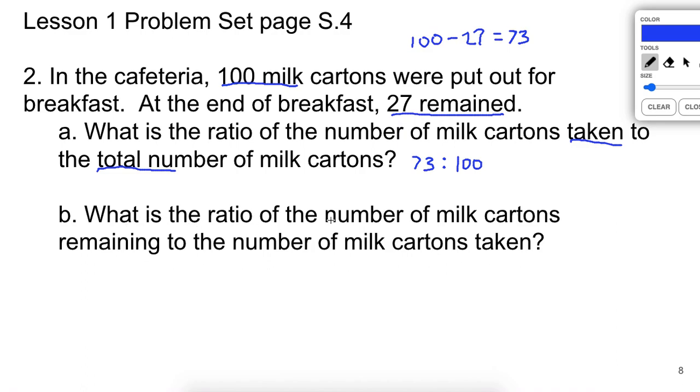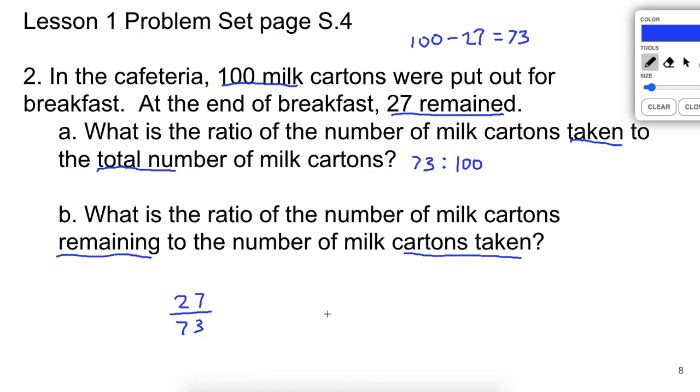So what is the ratio of milk cartons remaining to the milk cartons taken? So we want remaining to cartons taken. So remaining is 27, and taken is 73.